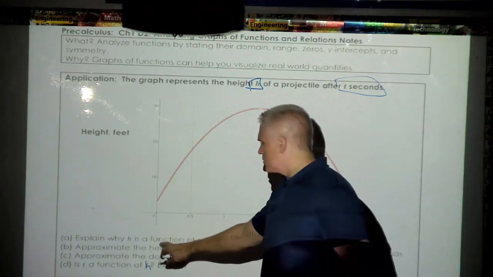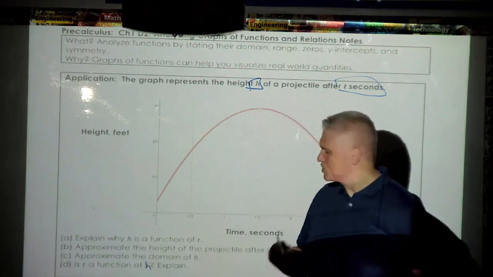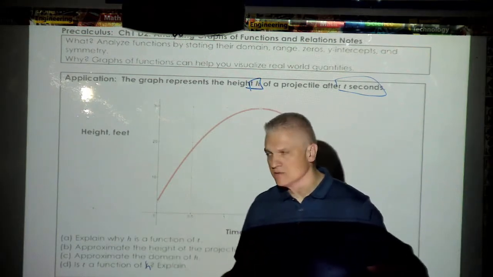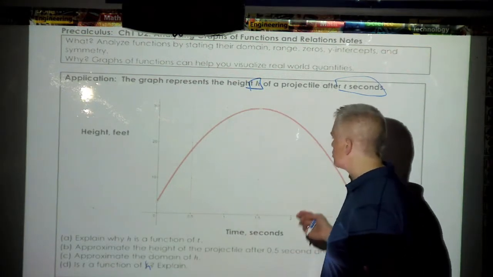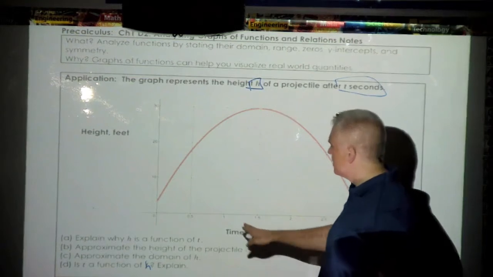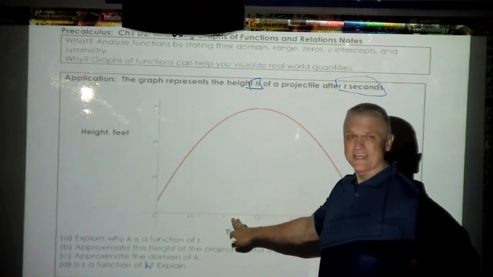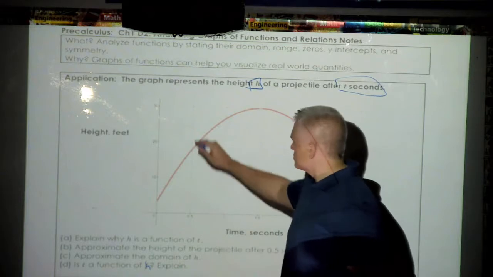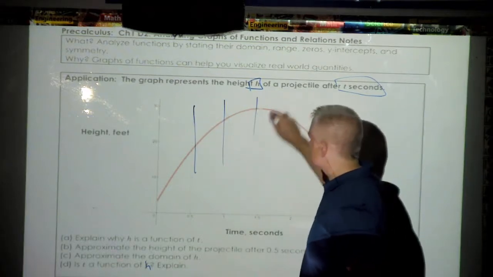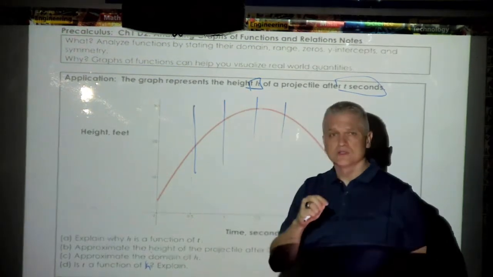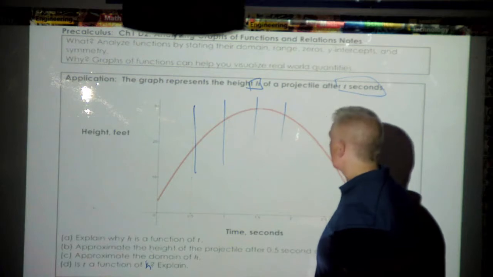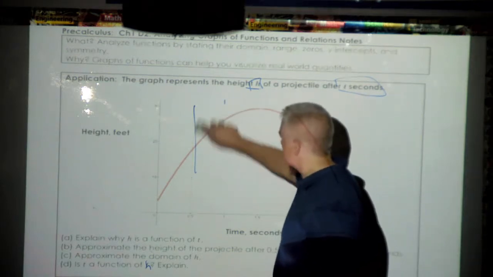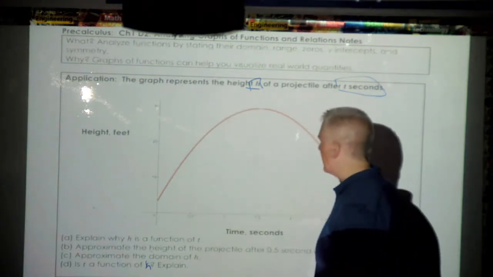So question A says, explain why h is a function of t. Why can we say h of t? Because if we substitute a time in, we only get one height. For example, if we did the vertical line test, we never get two intersections. We know that each t yields only one h.